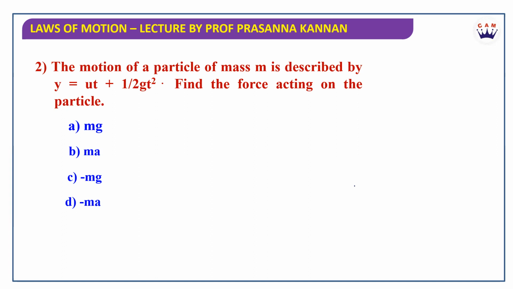But his answer also I cannot deny, because what is your logic behind minus MG? Sanjay? Not necessarily freely falling. U is there, right? Why is it freely falling? Falling under gravity. If you say freely falling, then U is 0, right?